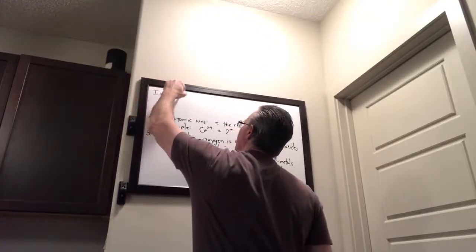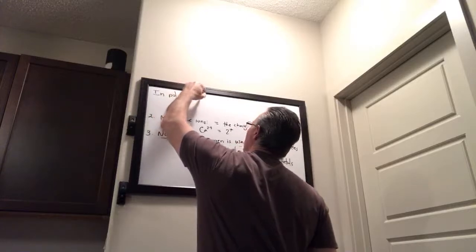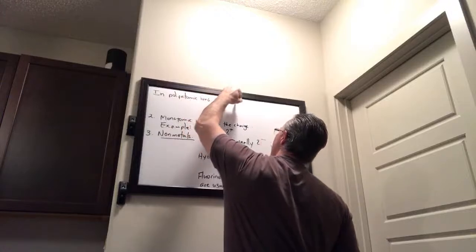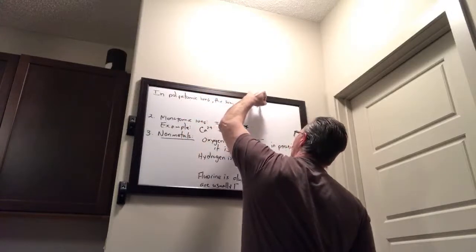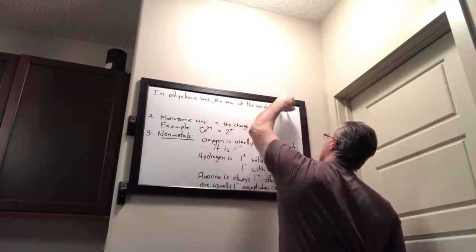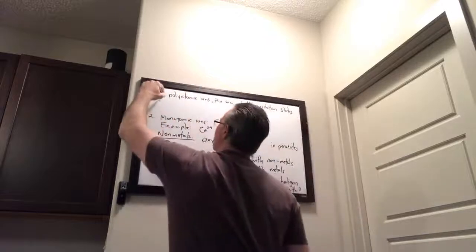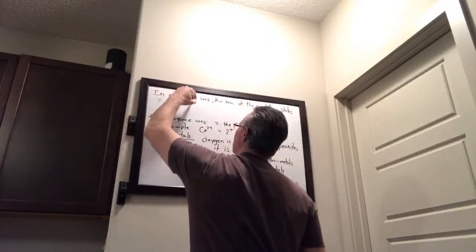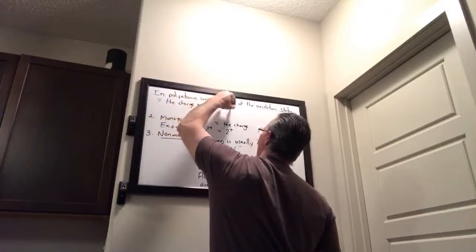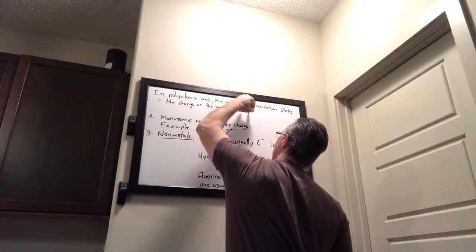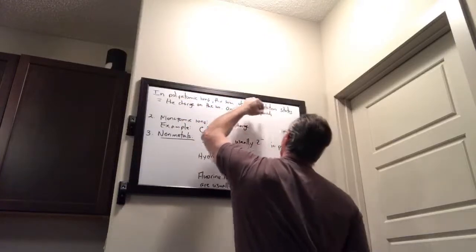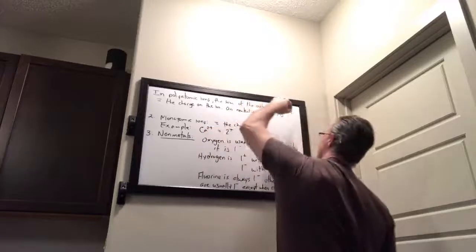In polyatomic ions, the sum of the oxidation states equals the charge on the ion. On neutral compounds, it equals 0. We'll do a few examples and you see what I mean.